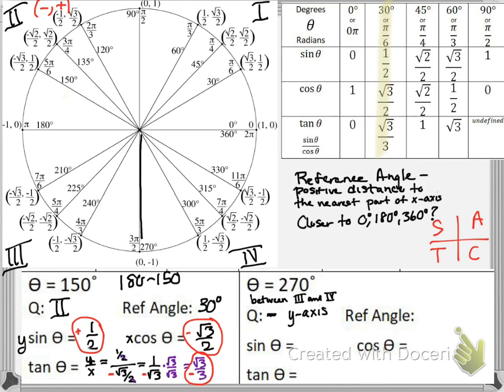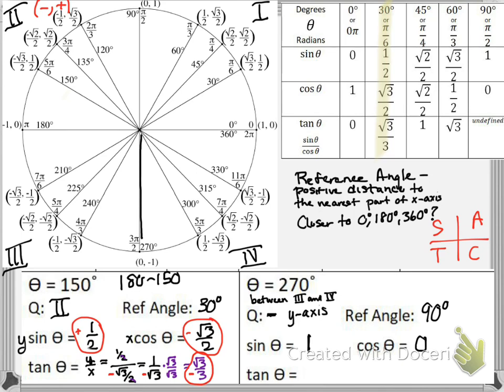Reference angle. How far is it from that 270 degrees to the nearest part of the x-axis? Well, either way is the same, it's 90 degrees. 90 degrees is on my table already, so I could just say from my table, sine is 1, cosine is 0.